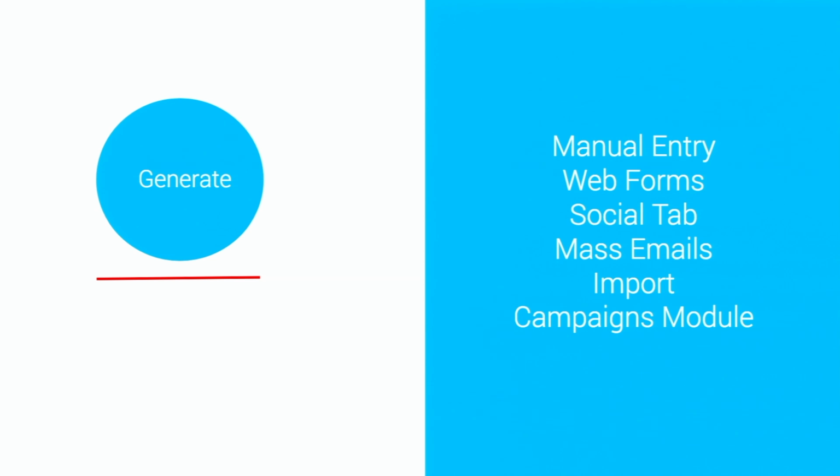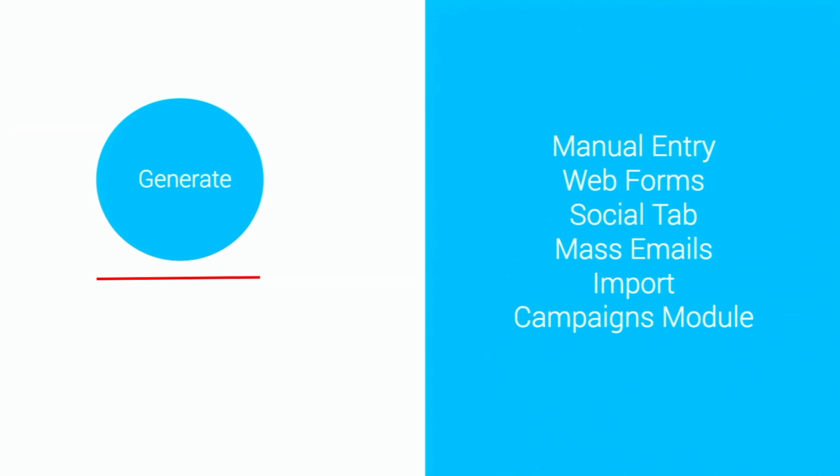You can generate a web form in the CRM and place it on your website. You can use the social tab to connect with Facebook and Twitter, and you can search for keywords and hashtags and Twitter handles and whatnot and turn those into leads directly from the CRM. You can select a bunch of people on a list and send them an email. You can import your list or whatever you purchased from the internet before you do your cold calls. You import that whole list into the CRM.